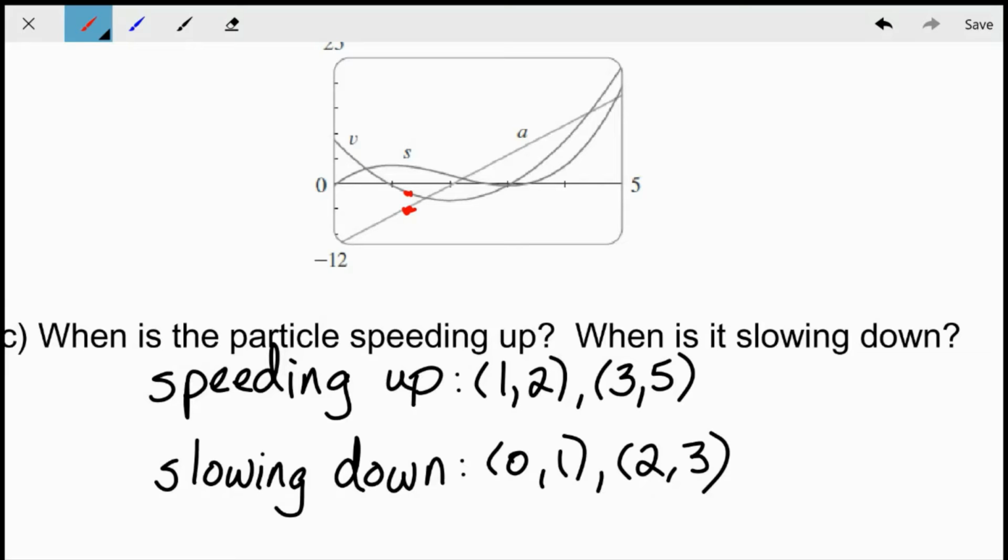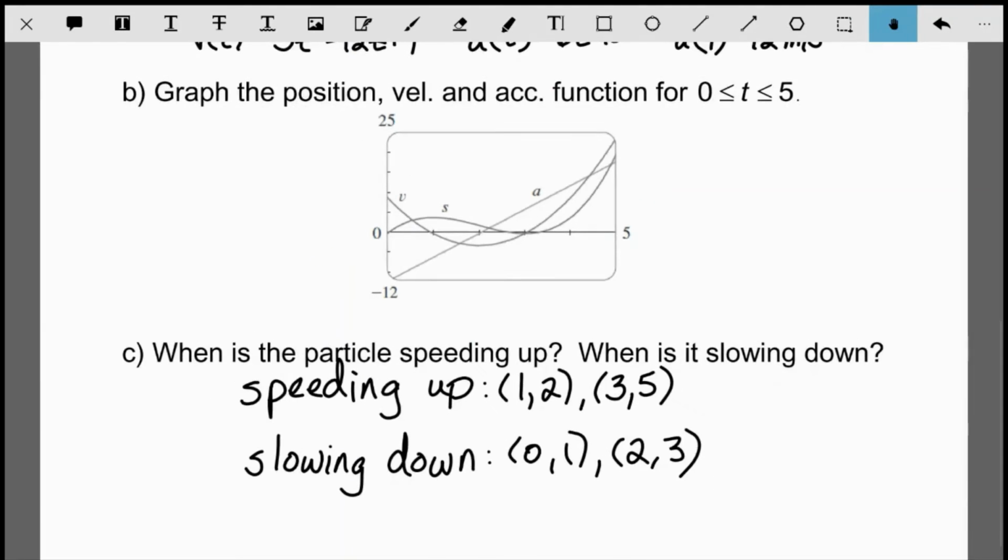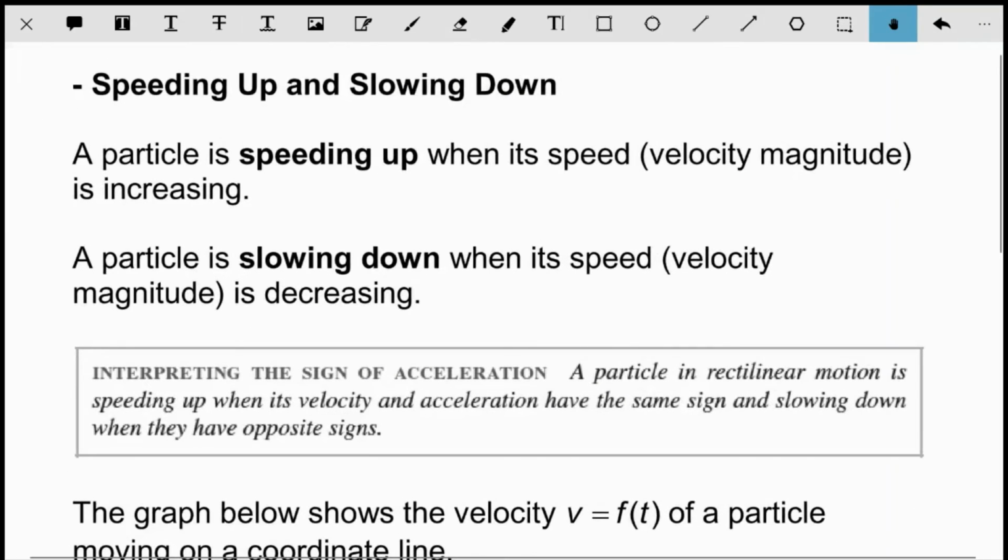So those vectors are pointing in the same direction. We're speeding up. Okay, so that's kind of the general idea behind the thought process of speeding up versus slowing down. If you think of it from a vector perspective, I think it makes perfect sense. If you just try to blindly memorize a rule, it's going to be a little bit harder to remember the rule.